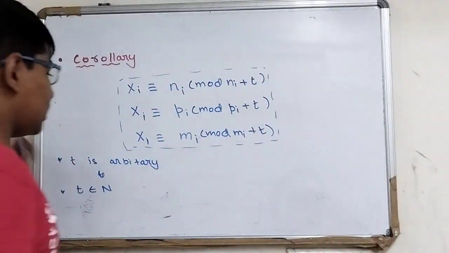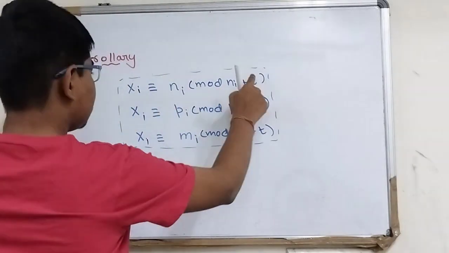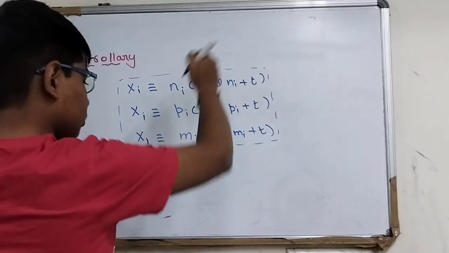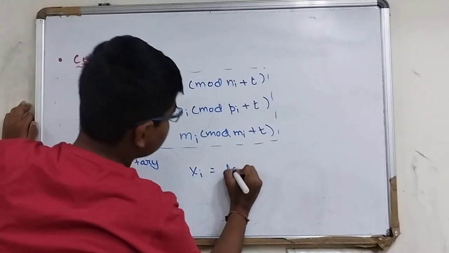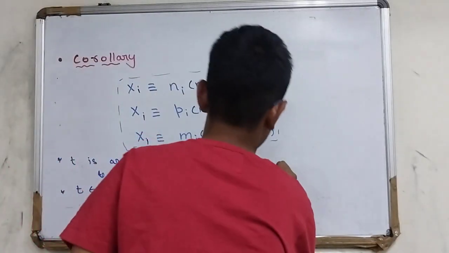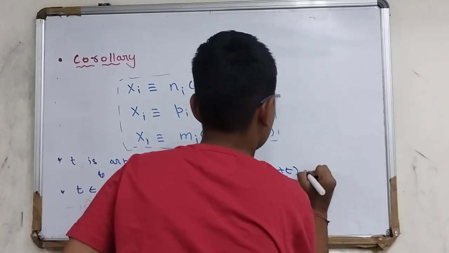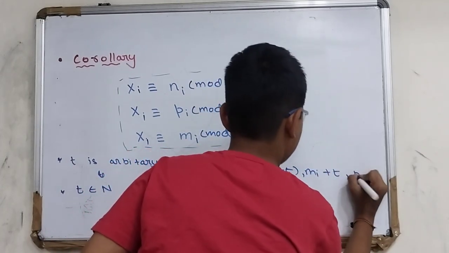To calculate xi, I have given a formula: find the LCM of all the numbers ni plus t, pi plus t, and mi plus t.